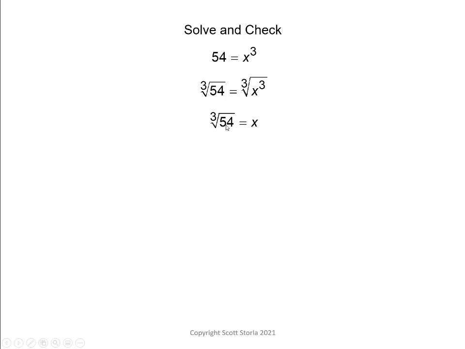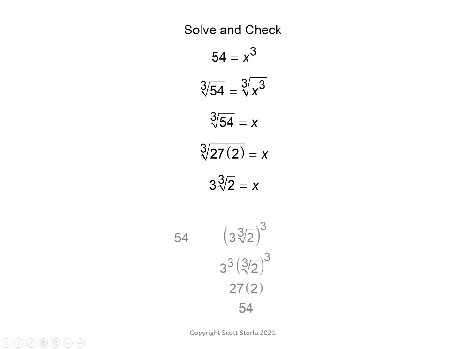And if you prime factor, you'll see that 54 is 27 times 2. And then the cube root of 27 is 3, so I'll get a 3 outside and the cube root of 2 as the other factor. As always, please check, and again in this case you'll be using the power of a product rule.